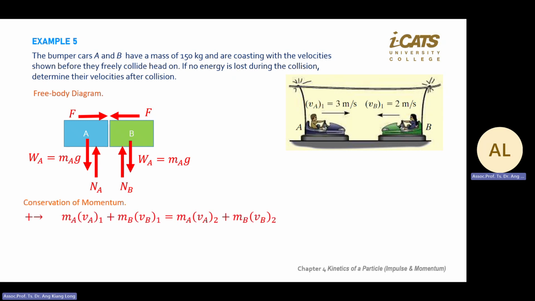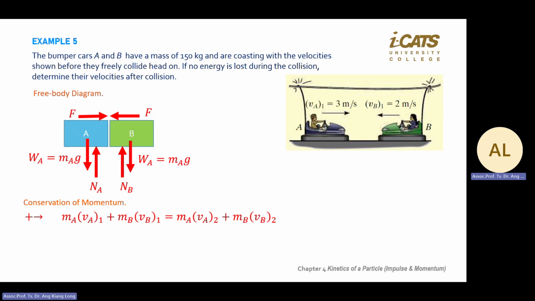Okay, we can use conservation of momentum because there's a tagline there. If no energy is lost, this is a keyword. If you see no energy loss, you can straight away use conservation of momentum. So here you have momentum before equal to momentum after.